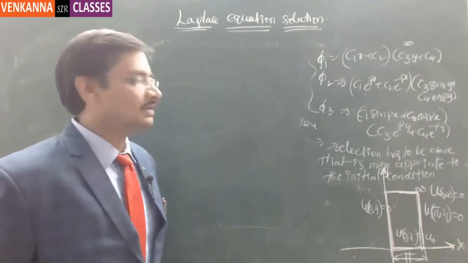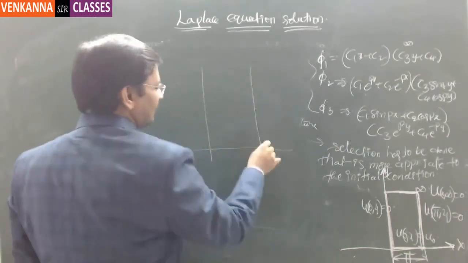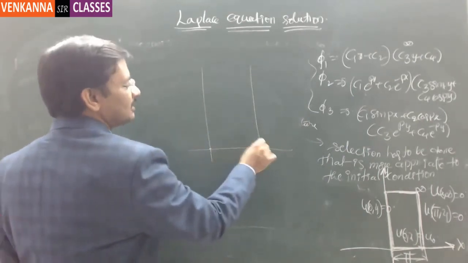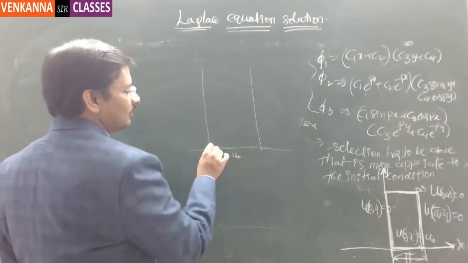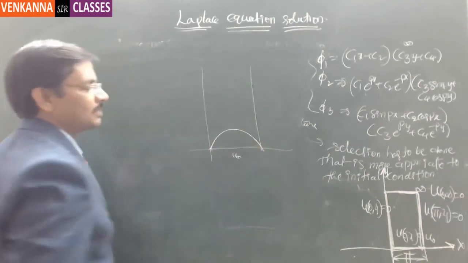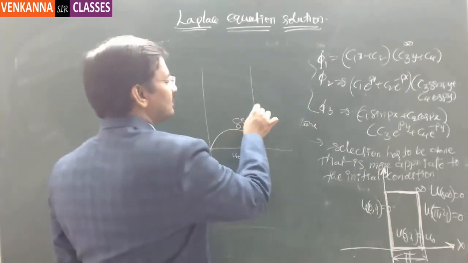That also will not fit. Why? Because just see this from this diagram. If you notice, this is at 0 degree centigrade, this is at 0 degree centigrade, and in between, this is maintained at U0. That means the temperature is going to be in this particular format, right? Correct or not? It may contain either sine or cos.